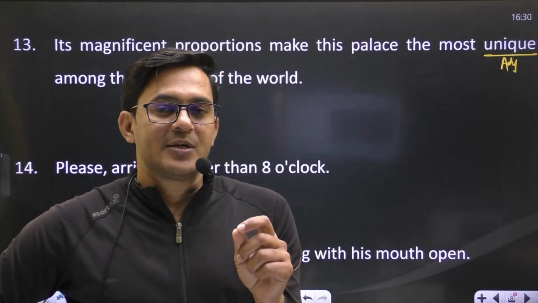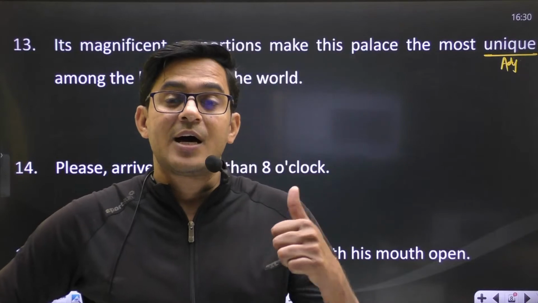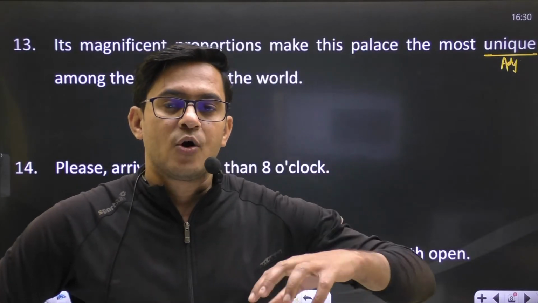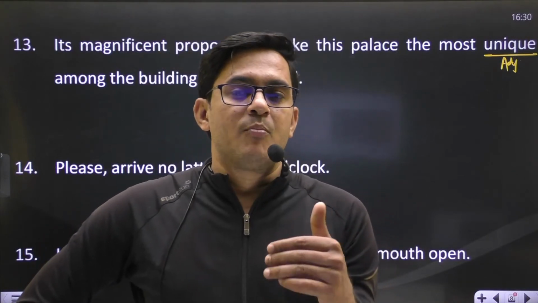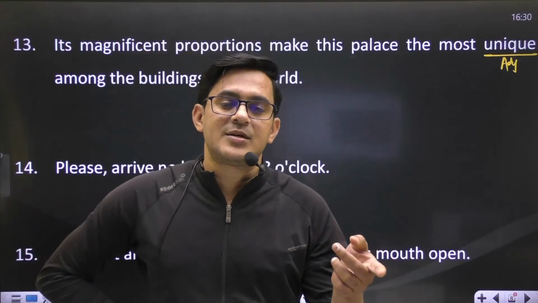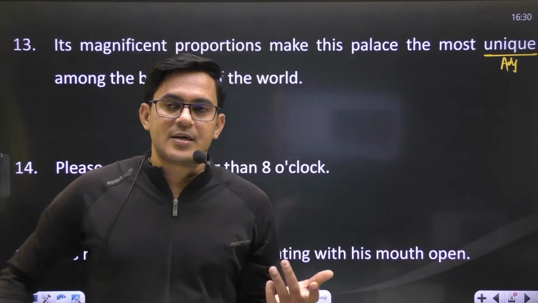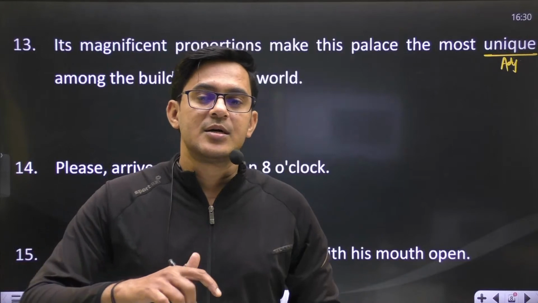And the concept is, some of the adjectives, these are non-gradable adjectives or non-comparable adjectives. You can't use any adjectives like more or most before these adjectives. And what are the adjectives? If I say unique, perfect, excellent, major, minor, right?